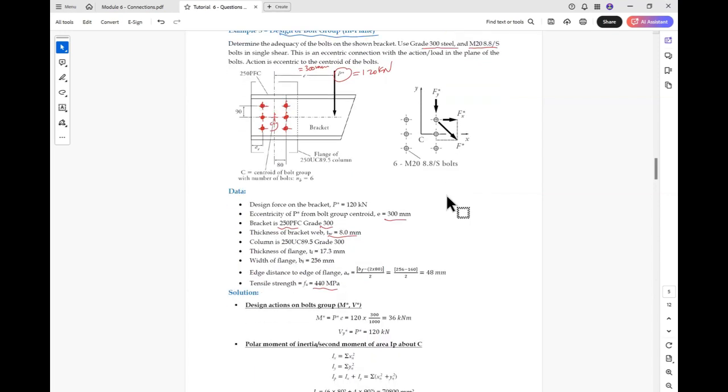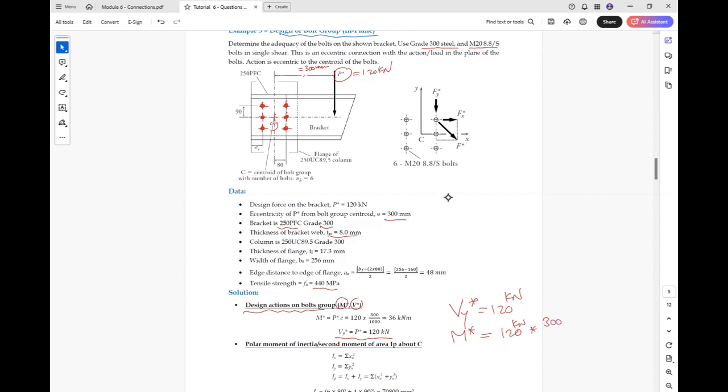Okay, so first of all, we need to find the design action on the bolt group, M star and V star. V star is given to us as 120 kilonewton. Do we have any horizontal shear? We have only Vy star, 120 kilonewton. M star equals the force times e.